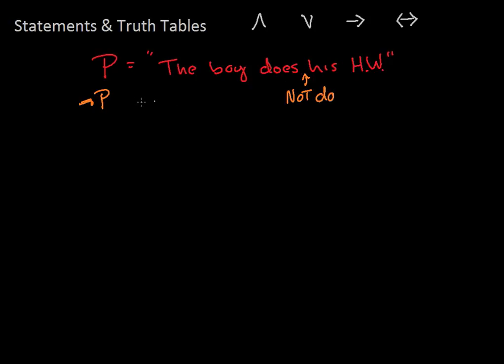We'll talk about what these mean, because what we're going to do is compare P and Q. Q is another statement, something along the lines of then his mom gives him ice cream.